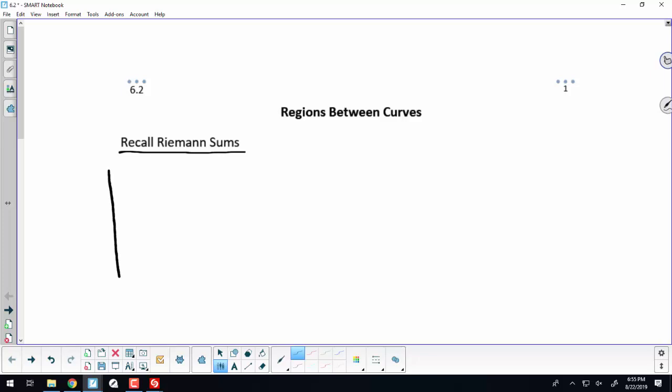So when we always looked at some function from A to B, and this is our x-axis, we always looked at the function to the x-axis, and then we said, what's the area of that region?